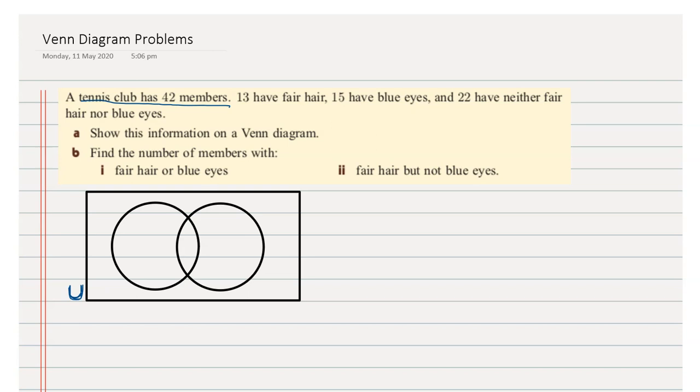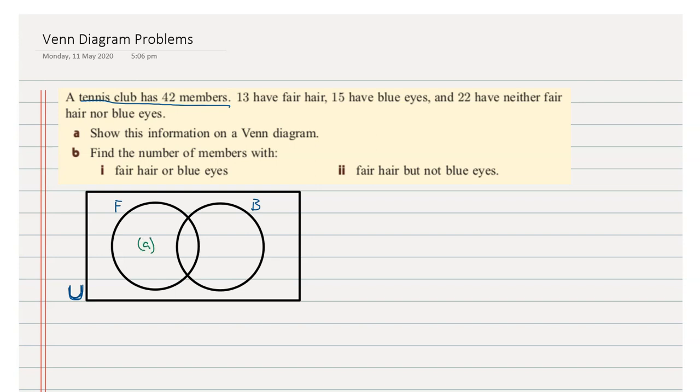We've got 13 have fair hair and 15 have blue eyes, and 22 have neither fair hair nor blue eyes. So there are two additional sets as denoted by the two circles. We'll say that people with fair hair are of set F and people with blue eyes are of set B.